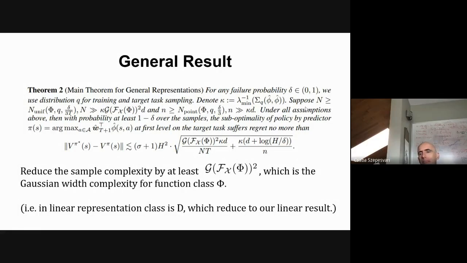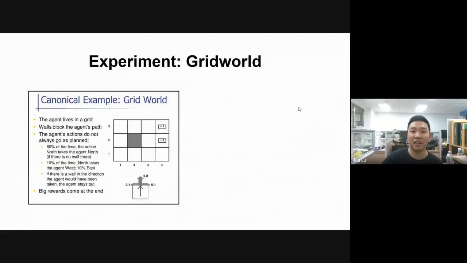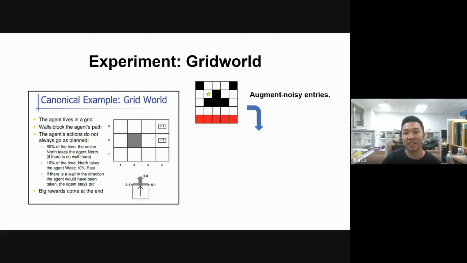No. Okay, thank you. And finally, I'm going to introduce this very interesting experiment for our theoretical finding. So we design a Gridworld environment. As you know, in Gridworld an agent is traveling in these cells, and you try to go to the destination with a positive reward and try to avoid the places with negative reward, and each step costs you some reward.